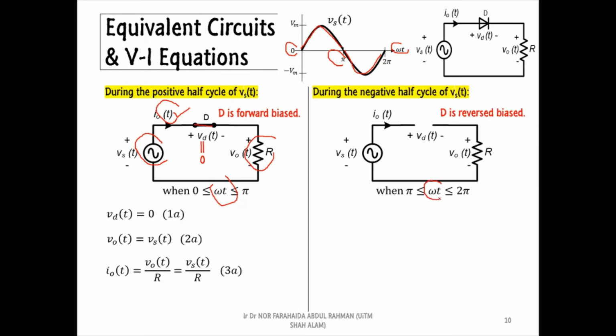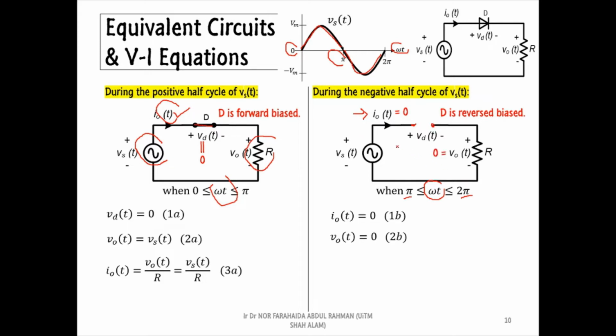When the omega t value is in between pi to 2 pi, the diode is in reverse bias. In this condition, the diode will act as an open circuit to stop the current conduction. Thus, the current equation is equal to 0. Furthermore, since there is no current flowing in the circuit, therefore, the output voltage is also equal to 0.